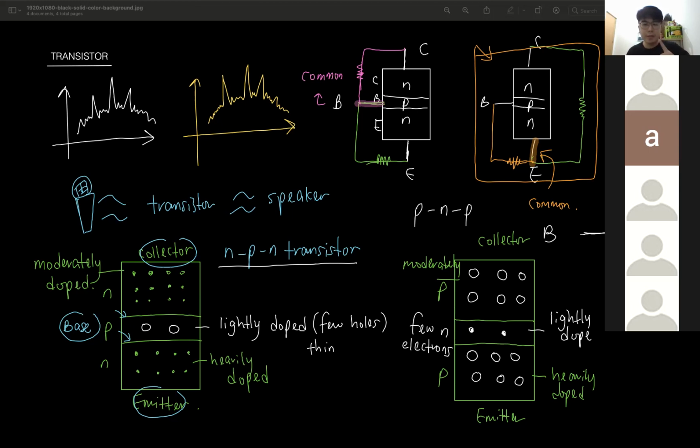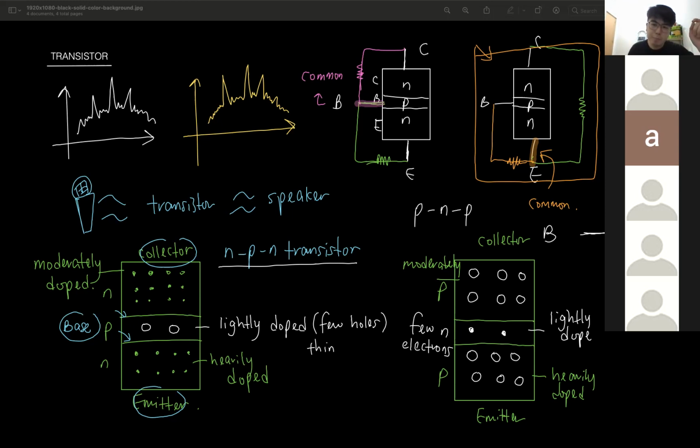Okay, now after identifying the terminals, how do I know if it is an NPN or a PNP? Because we got two types, right? We look at the arrow direction. The arrow shows the current flow, and we know that current always flows from positive to negative, right?